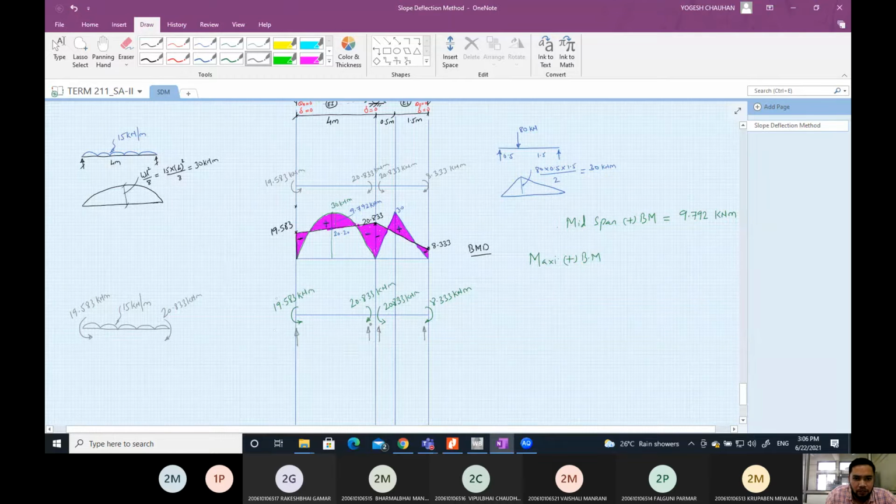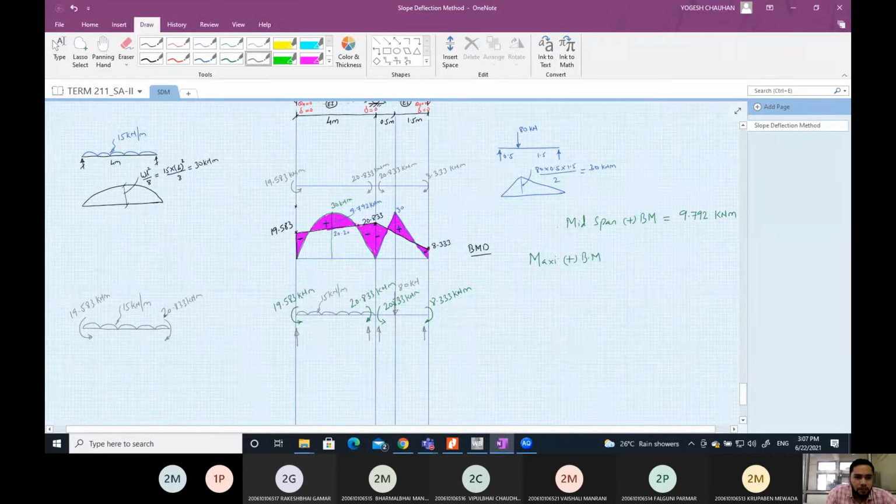Means you consider only this much part. I draw the bending moment, this UDL also, 15 kilonewton per meter, and this point load is 80 kilonewton.